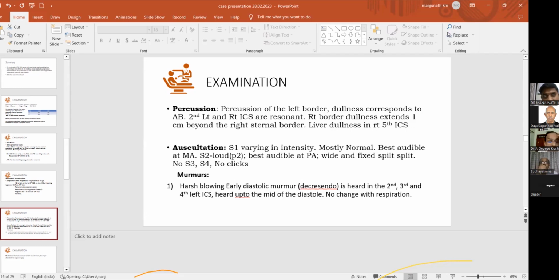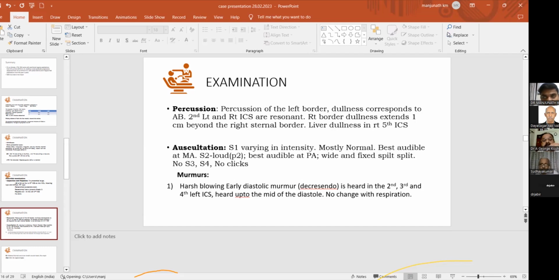Why can't it be aortic regurgitation? Sir, considering all the points starting from the volume of the pulse and other findings in palpation like parasternal heave and all these things, I would like to go with pulmonary regurgitation.